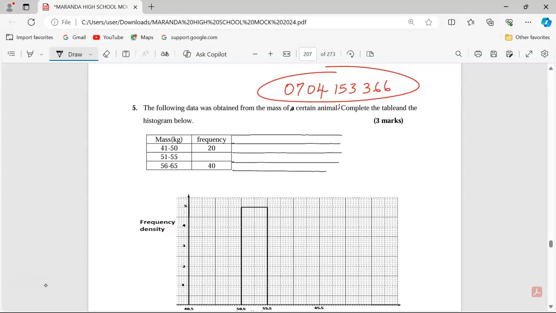Therefore, allow me to write frequency density together with its formula. So frequency density is usually given by the frequency of a class divided by the class width, or rather the class interval.